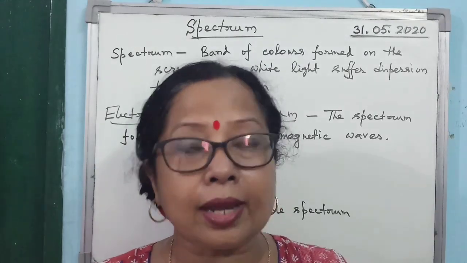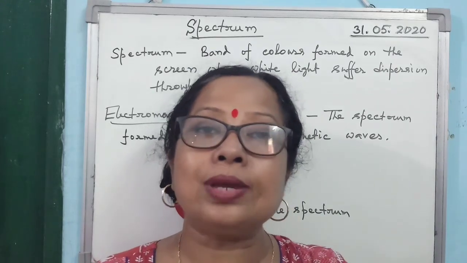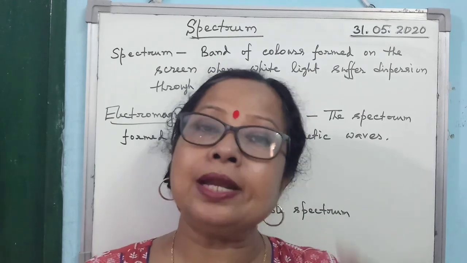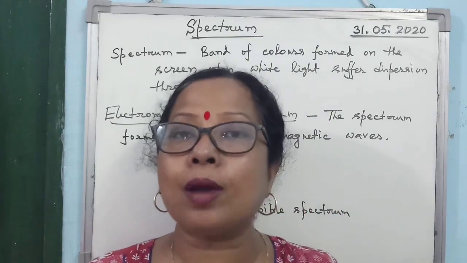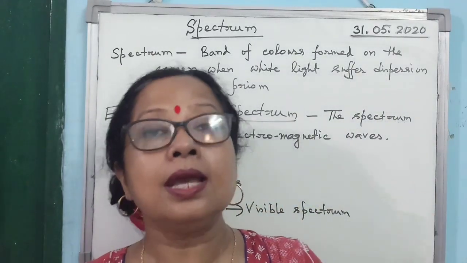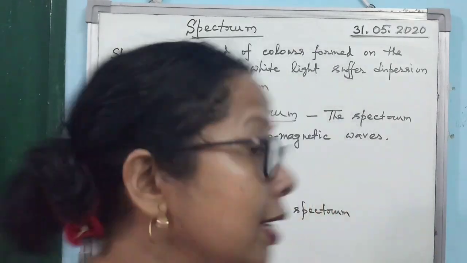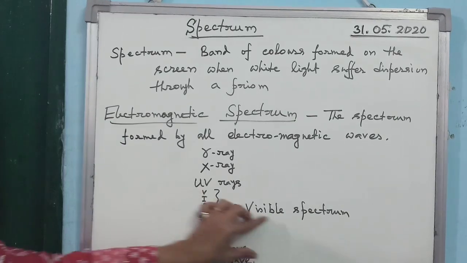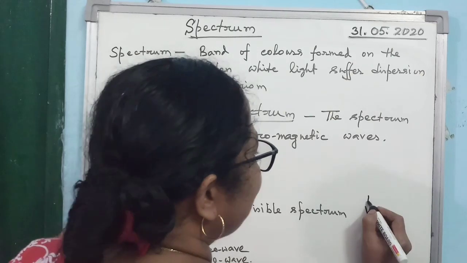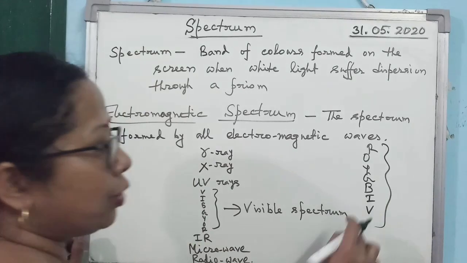The spectrum where, instead of different colored bands, what we are getting? We are getting bands of different electromagnetic waves having different wavelengths. But one thing you have to remember, when you are considering the wavelength, they are not at all haphazard. Either they will be in increasing order or in decreasing order. Just consider the example of the visible spectrum. Actually the visible spectrum is like this. When we obtain it on the screen, the visible spectrum we get like this.